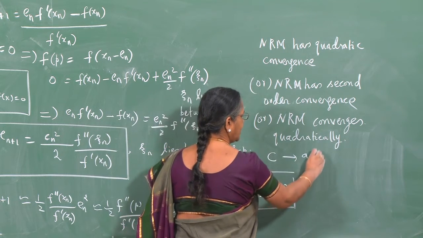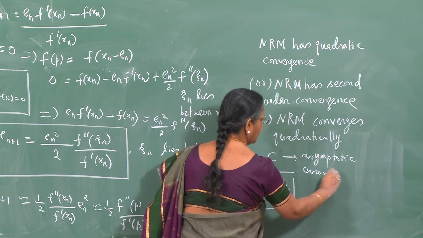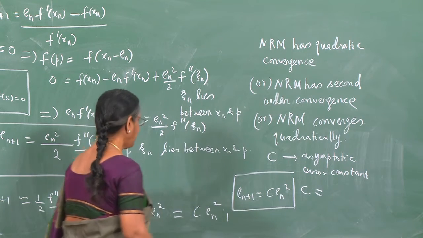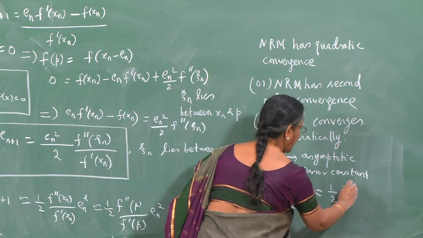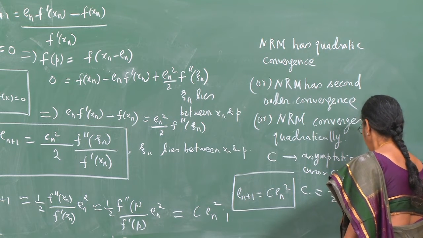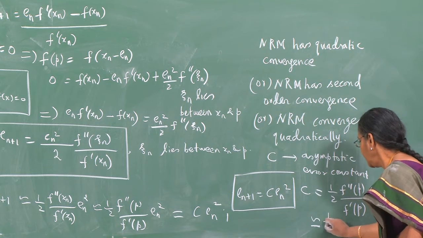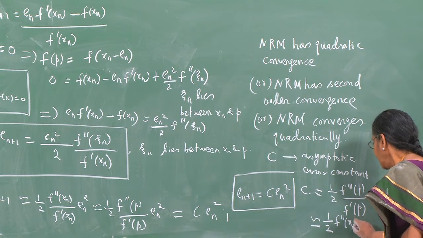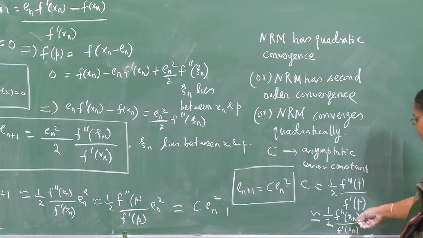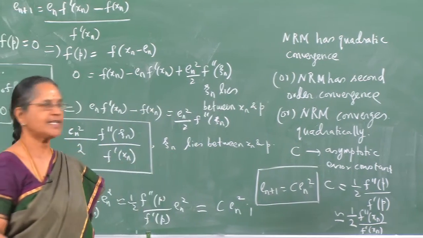C is the asymptotic error constant. What is that? C is half of f double prime at p divided by f dashed at p. And can you evaluate this? Yes, an approximation to the asymptotic error constant is half f double dashed of xn by f dashed of xn, because xn approximates p, correct to the desired degree of accuracy.